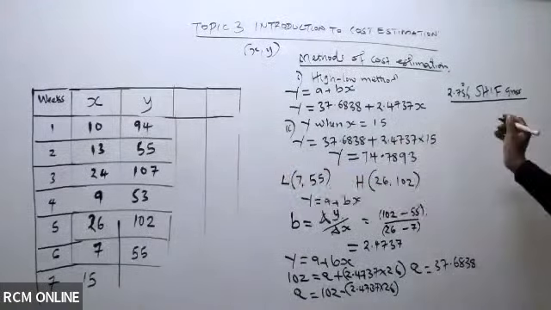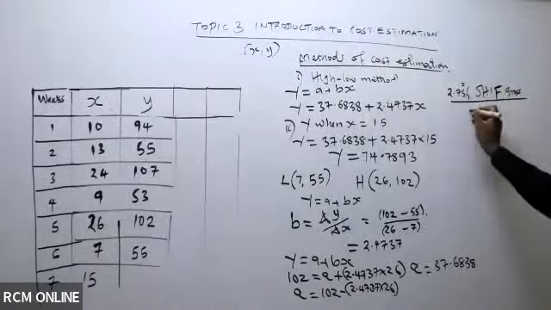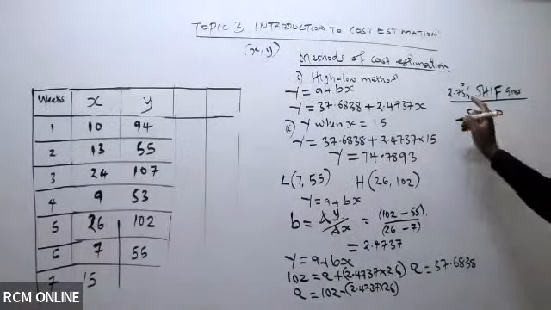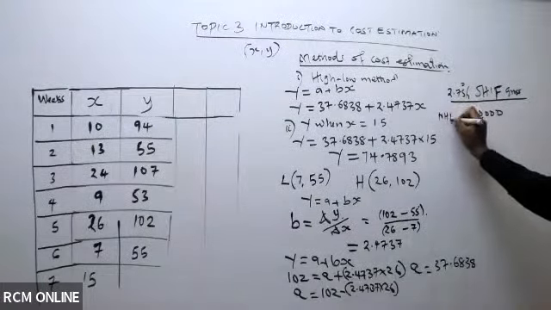So let's say this somebody's income is 500,000. Before implementation of SHIF, it was NHIF, right?